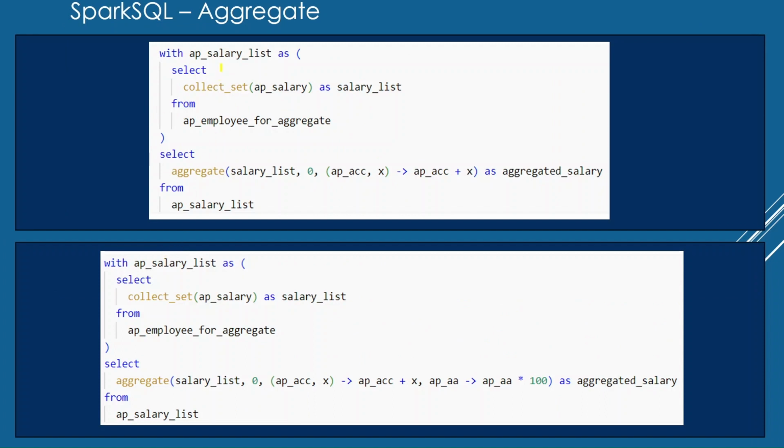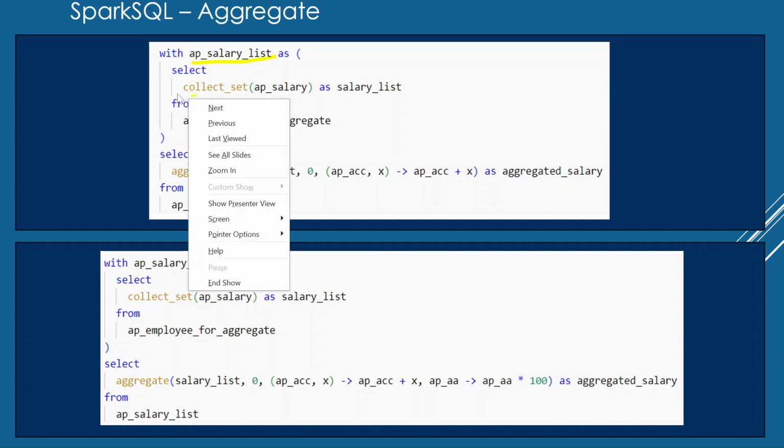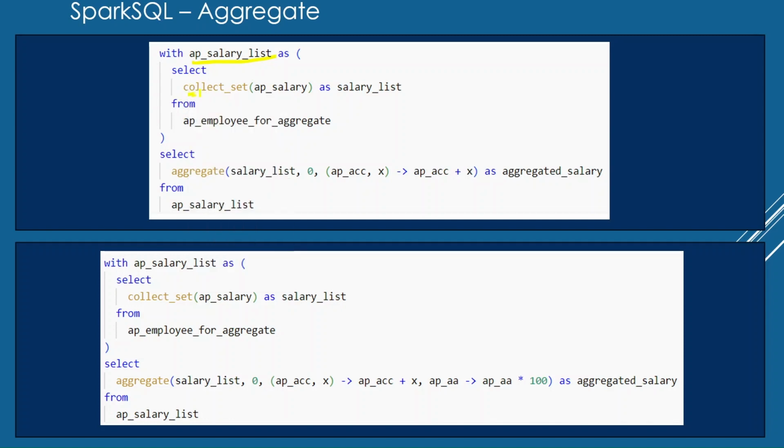What I'm doing here is writing a CTE, which is nothing but a temporary table. With the help of this collect_set function, I am creating an array by taking all the values of AP salary.